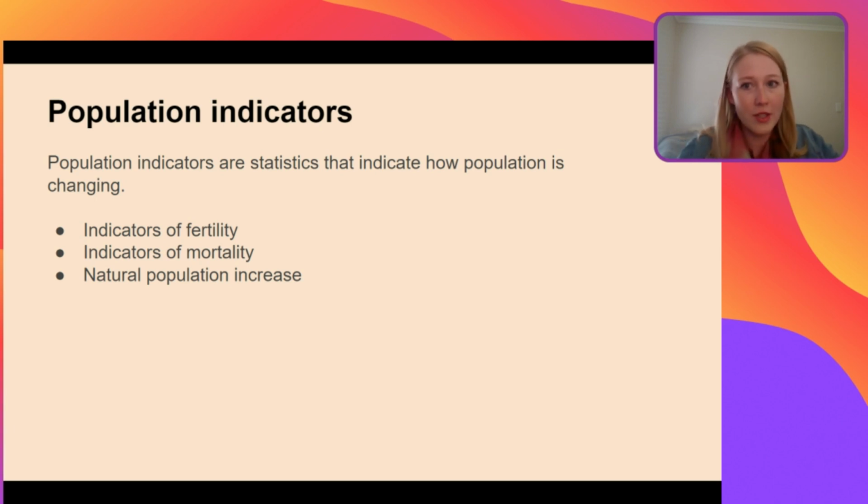Other way around, if we have fewer people being born than there are people dying, we have a decrease in the overall population. And there's a very specific fertility rate or birth rate that we need to maintain overall population.